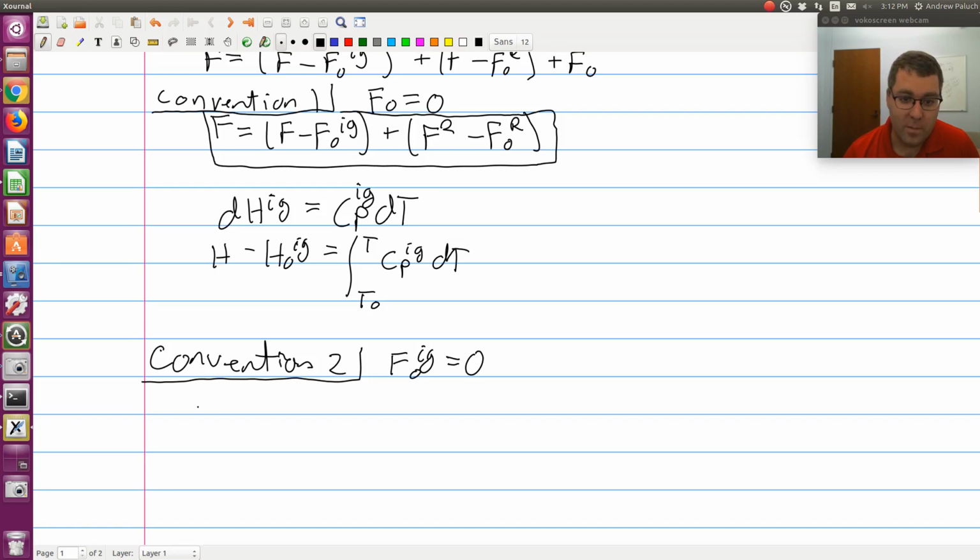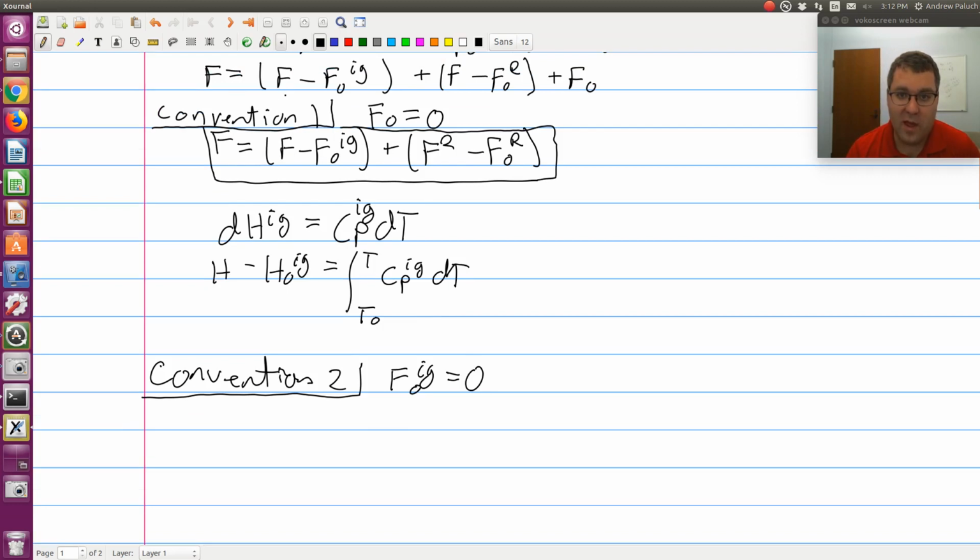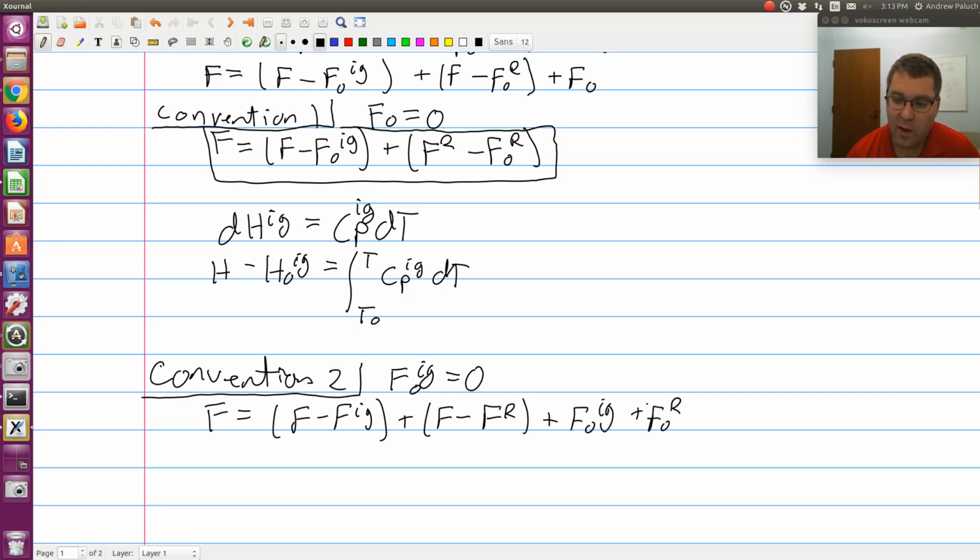Well, we had, if I scroll up just a tiny bit, f is equal to f minus f naught ideal gas plus f minus f naught residual. Well, f naught I can write as f naught ideal gas plus f naught residual. So if I just expand this out, I have f minus f ideal gas plus f residual minus f naught residual plus f naught ideal gas plus f naught residual.